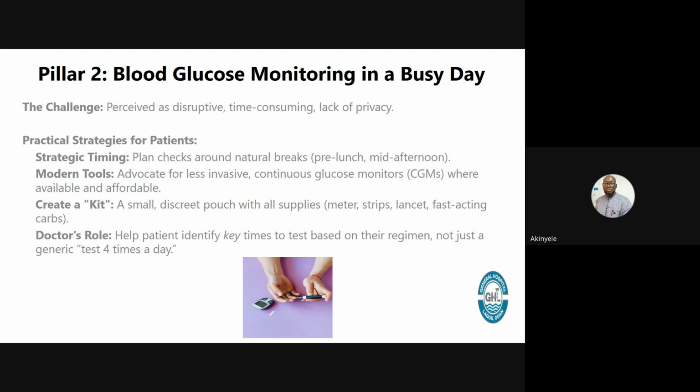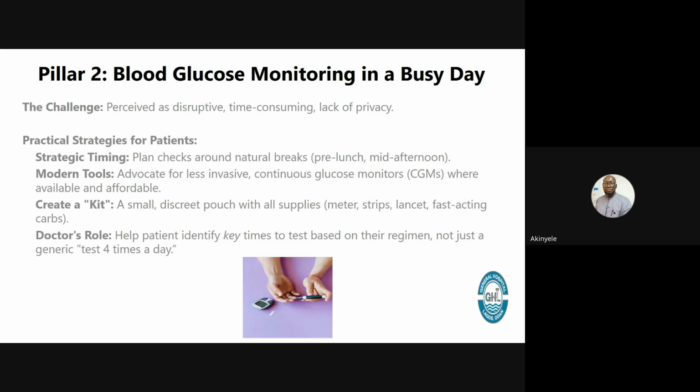For example, we can help them plan their checks around their break times, for example, when they are going for their lunch, or they can also check after their lunch. We can advocate for less invasive continuous blood glucose monitors, which is very effective, except that it's very expensive in this part of our world.